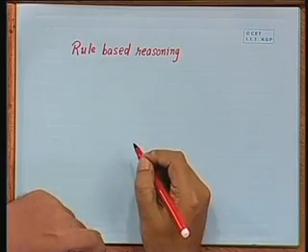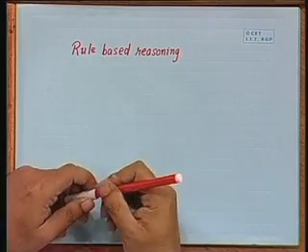Modus ponens, for example, is one kind of rule based reasoning, where we have certain rules, we have certain facts in the knowledge base, we apply those rules and deduce new facts. Now, there was a lot of research done to find out whether probabilistic analysis could be extended to rule based reasoning.